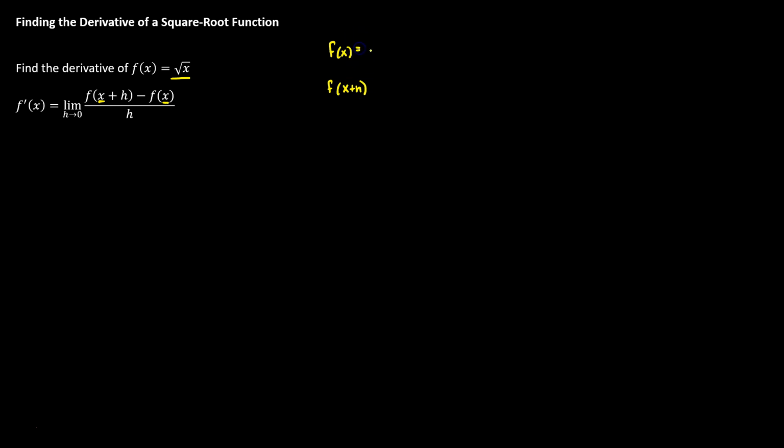Well, f of x is pretty simple. We're given that definition. f of x is root x. So we can just copy that over. However, f of x plus h means that I need to take that definition, root x, and replace the x with x plus h. So this would look like the square root of x plus h.